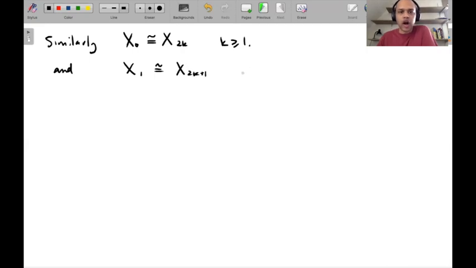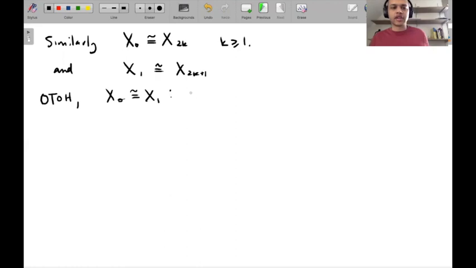So any of the odd versions of this space are also topologically equivalent. On the other hand, x0 is not equivalent to x1.